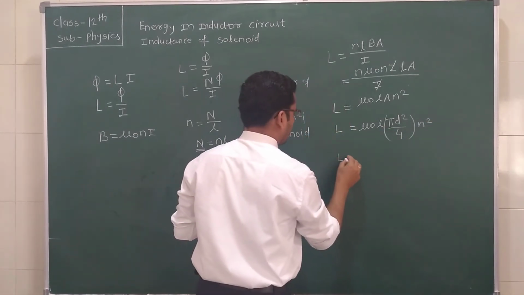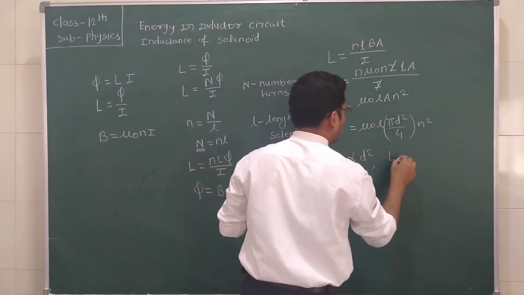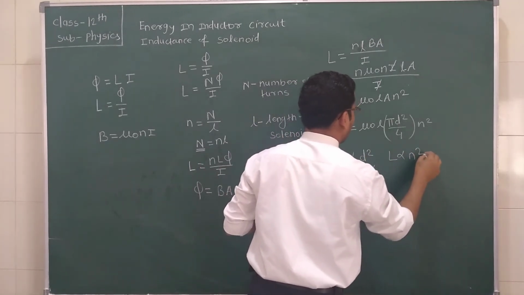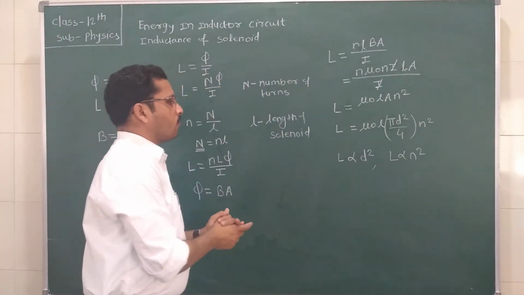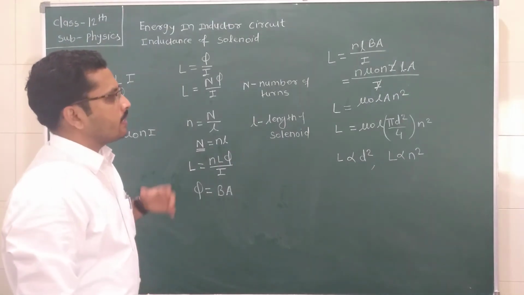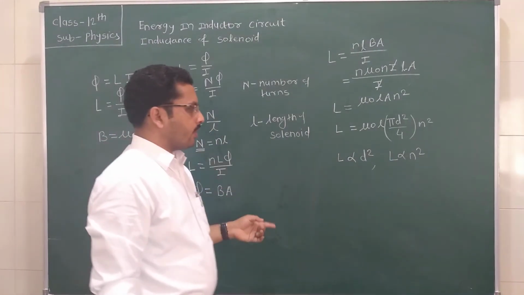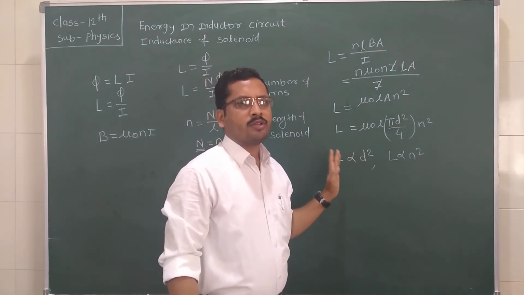So L is directly proportional to d square, and L is directly proportional to n square, keeping all the other terms constant. So what does this equation indicate? This equation indicates that the inductance of a solenoid is directly proportional to the square of the diameter of the solenoid.